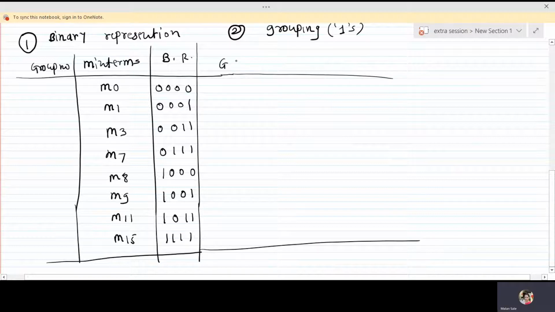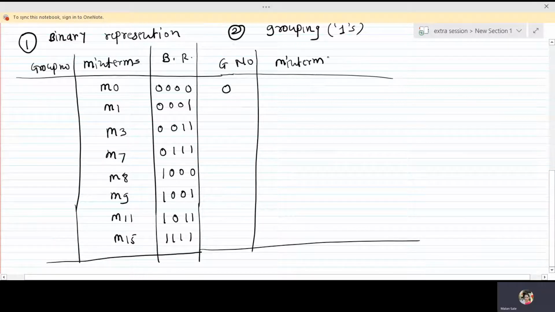This is the group number I am using. Group number 0: from this pair of binary representations, select the minterms having number of ones 0.